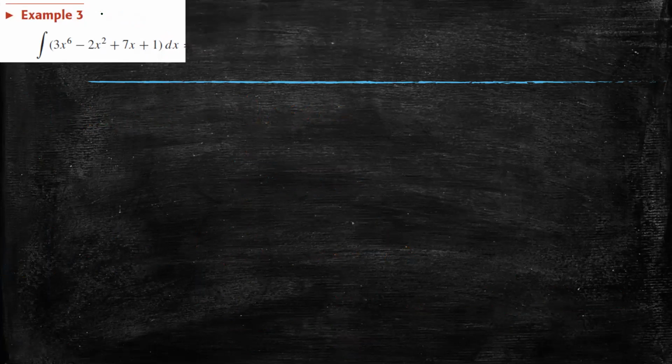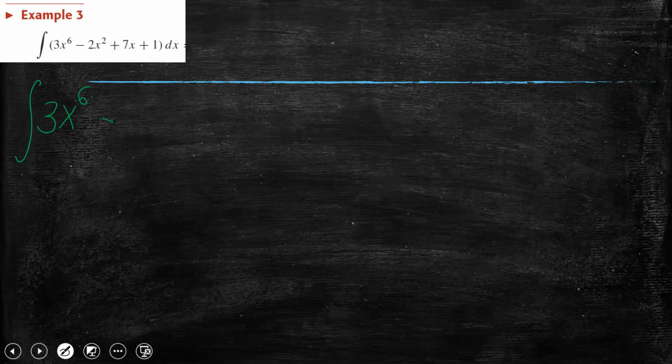Let's now do this example here. The integration of 3x to the power 6 minus 2x squared plus 7x plus 1 dx. Now here, I will distribute the integral sign into 3x to the power 6 minus the integration of 2x squared plus the integration of 7x plus the integration of 1 dx.